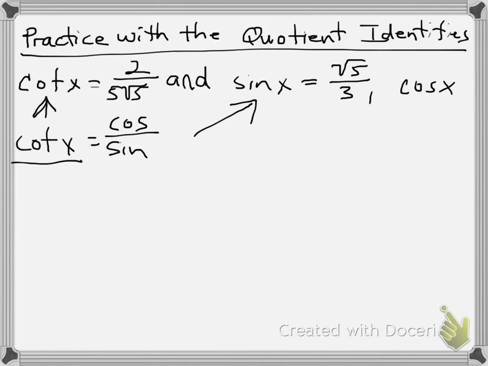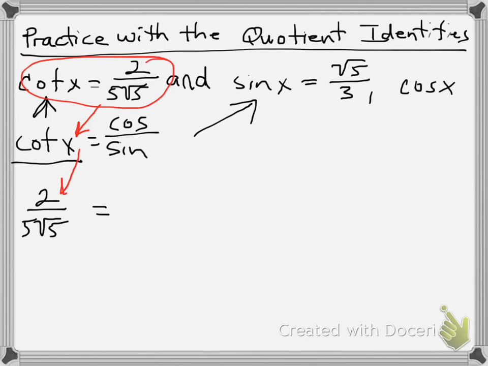So let's plug in what we know now. We know that the cotangent, which is 2 over 5 times the square root of 5, and again we got that from the part of the problem that was given, and we replaced it with that, and that is equal to cosine over sine, and we were told in the problem that our sine value is square root of 5 over 3.